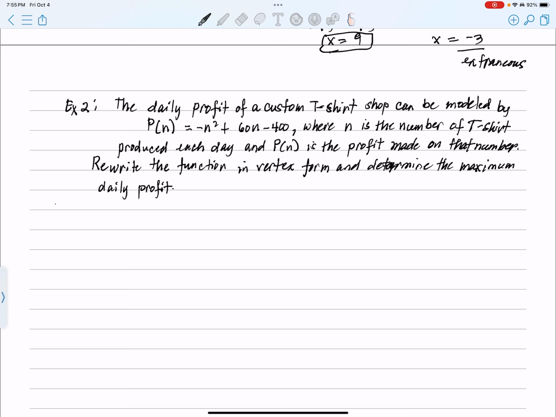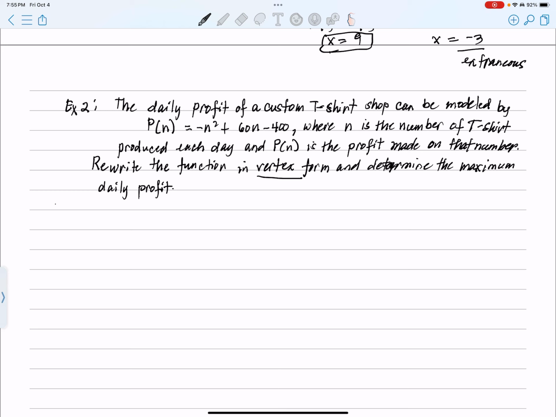Rewrite the function in vertex form and determine the maximum daily profit. Okay. Usually when it's in the vertex form, the maximum will be the k value of the vertex form.